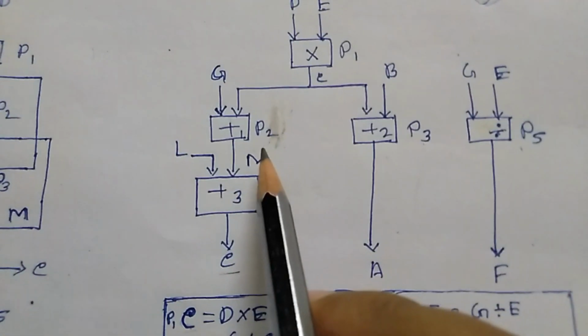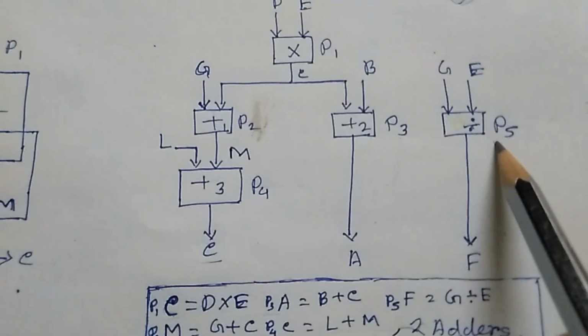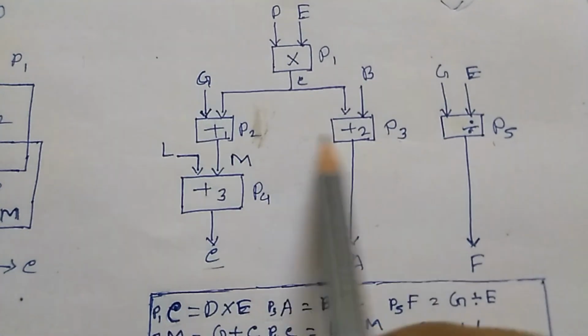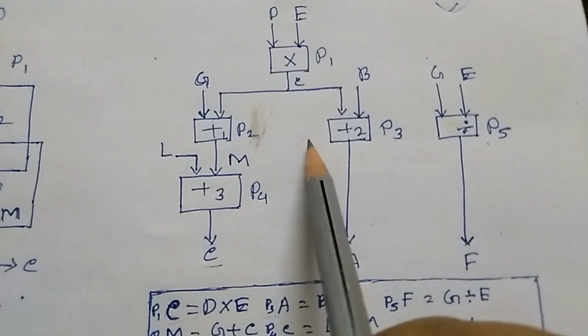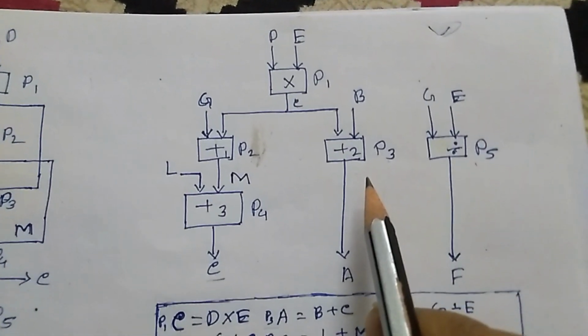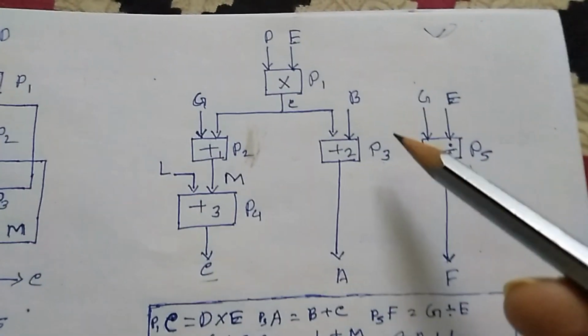In the diagram we can see that P2 is parallel with P3 and parallel with P5. So they can execute in parallel, that we have earlier seen in the condition checking of Bernstein's.